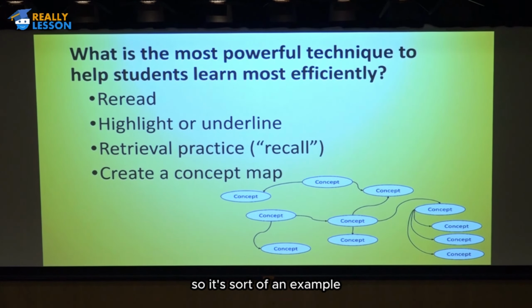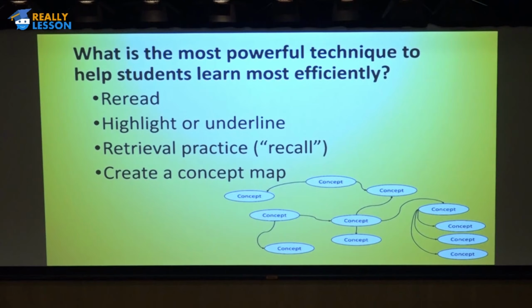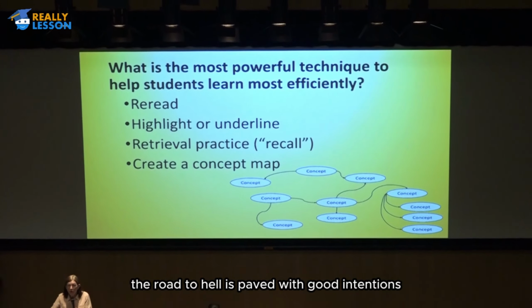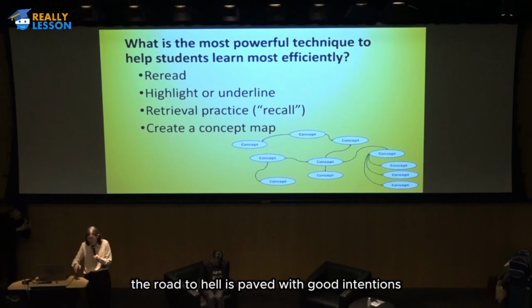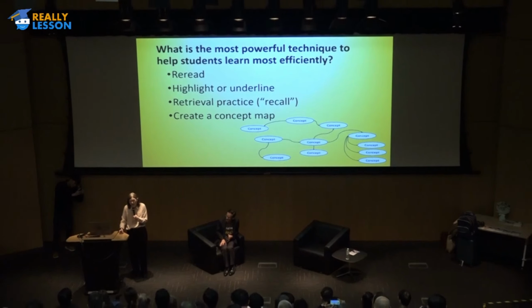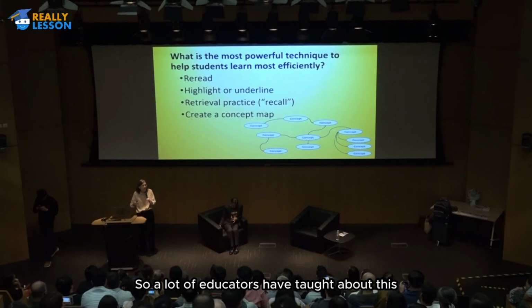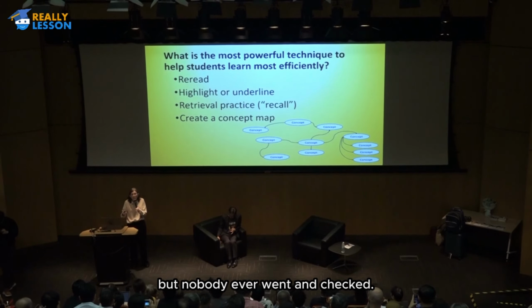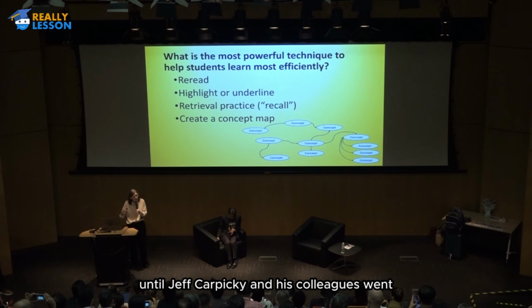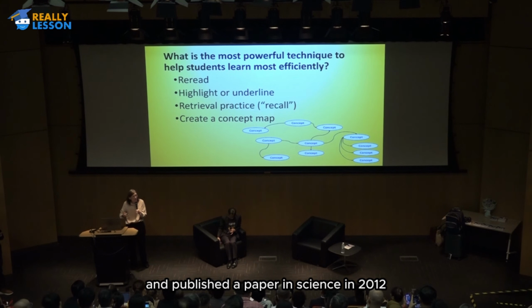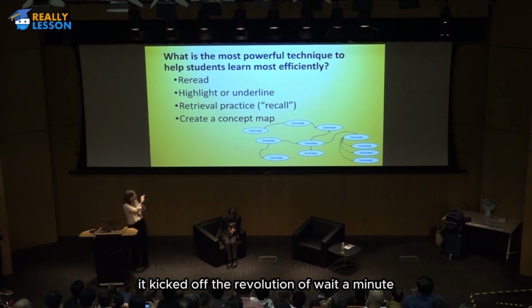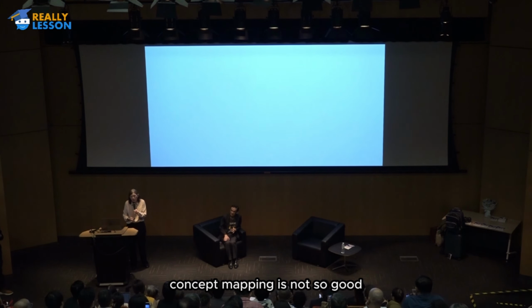So it's sort of an example of the road to hell is paved with good intentions. A lot of educators have taught about this, but nobody ever went and checked until Jeff Karpicke and his colleagues published a paper in Science in 2012 that kicked off the revolution of, wait a minute, concept mapping is not so good.